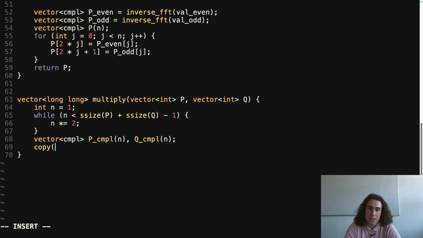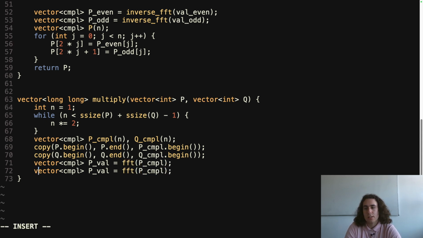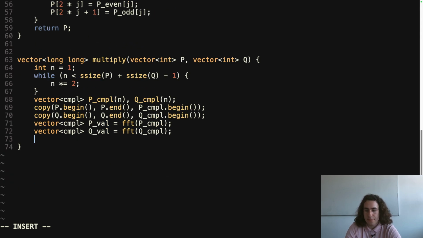So basically I copy p begin to p end into p complex begin. I do the same for q. And then what do I need? I need the values of p, which is FFT of p complex. I need the values of q, which is FFT of q complex.